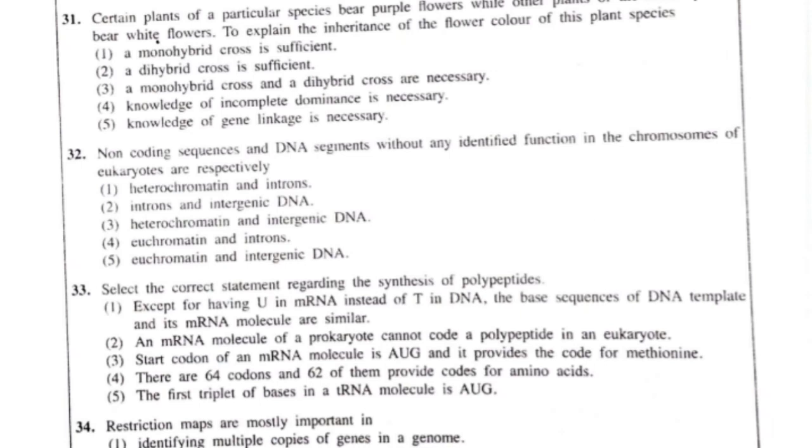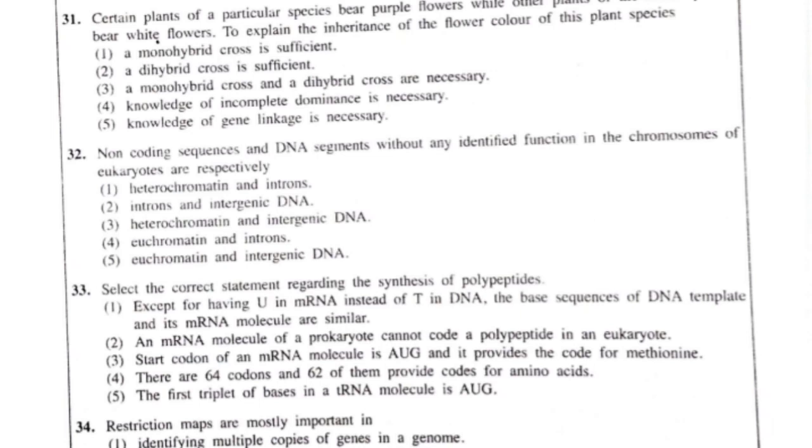And the other thing is, within the genes we can find non-coding sequences. We know genes will usually code for polypeptides, but sometimes within genes there are non-coding sequences and they are called introns. So introns are non-coding sequences found within the genes. Intergenic DNA are sections of DNA between genes. So the answer is the second one.